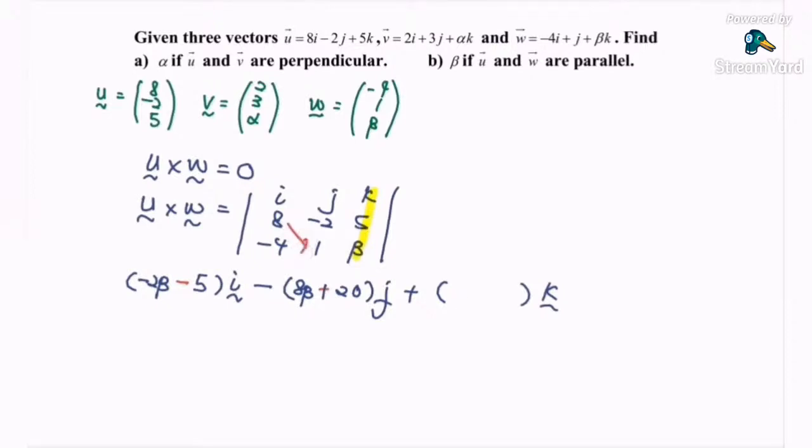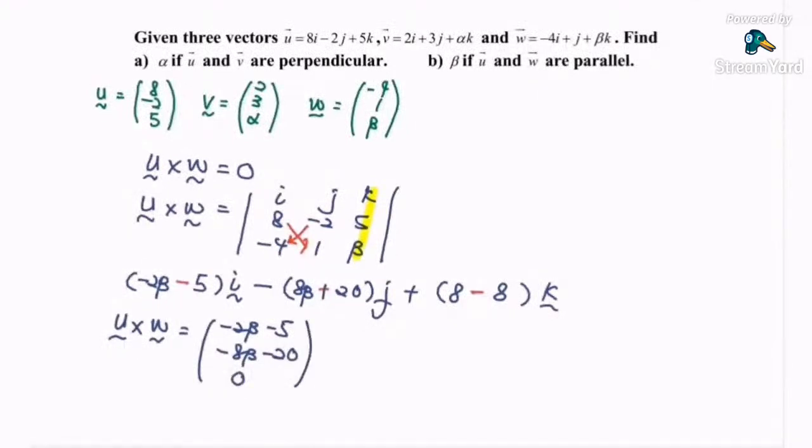So in here we have 8 minus cross multiply, so we will have positive 8. So simplify the situation. Vector u cross with vector w, and we will have negative 2 beta minus 5, 8 beta plus 20, then we have 0.